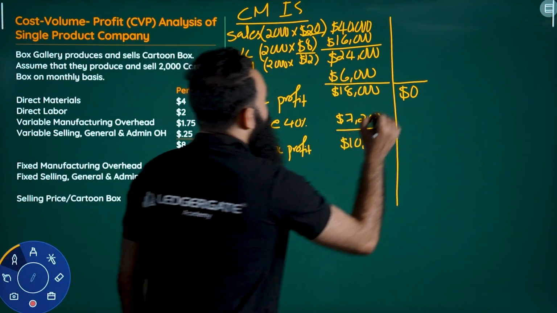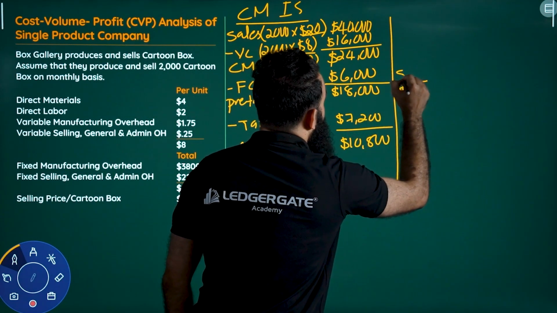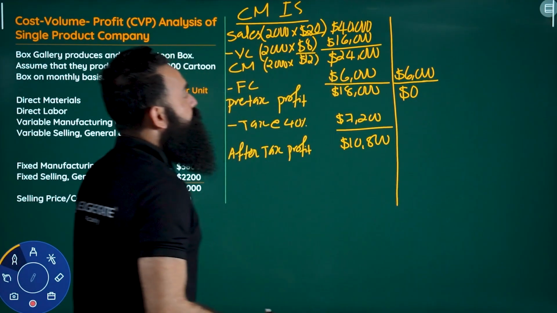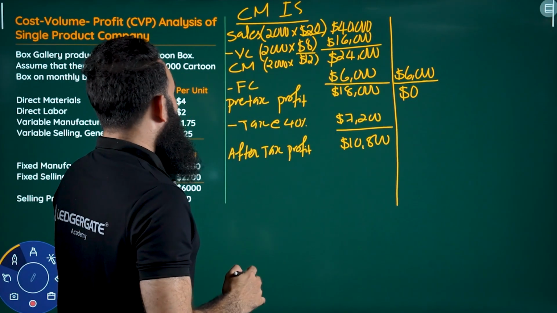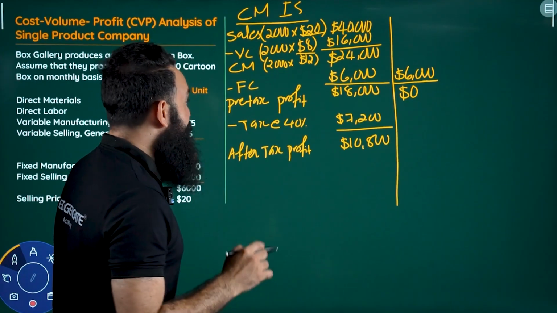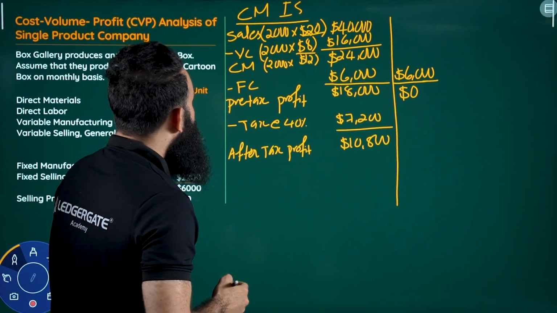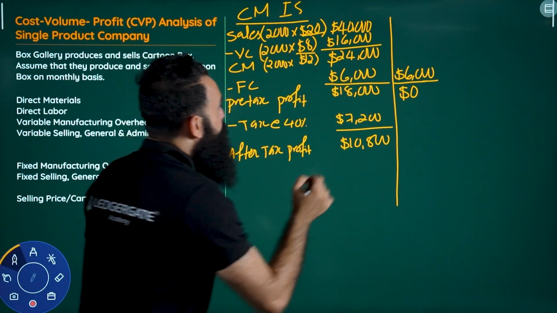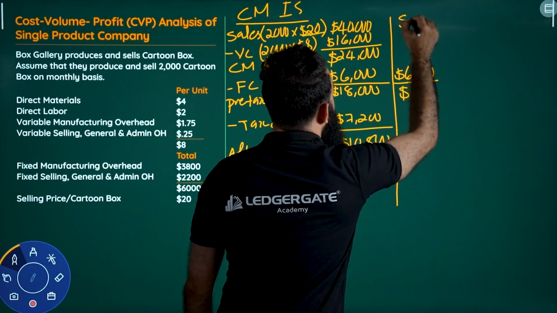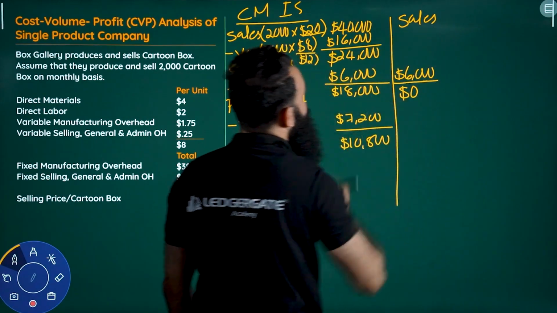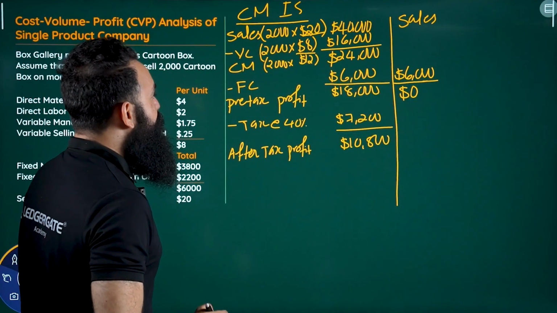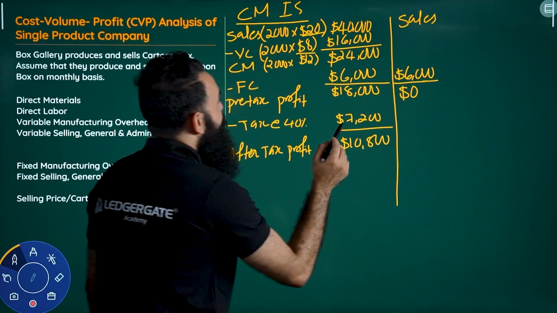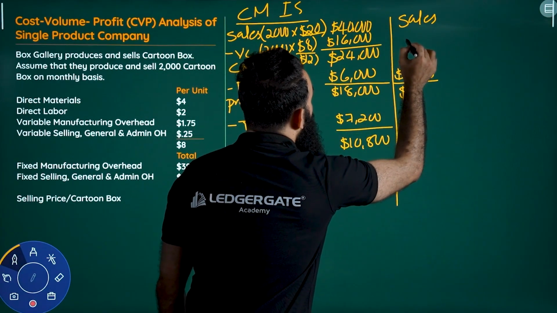Now, we know that our fixed cost never gonna change, right? And apart from that, as we know that we are going to calculate the sales value, right? Sales value. We don't know the sales value here. Suppose if you are putting here as sales, here we know that the variable cost will come.